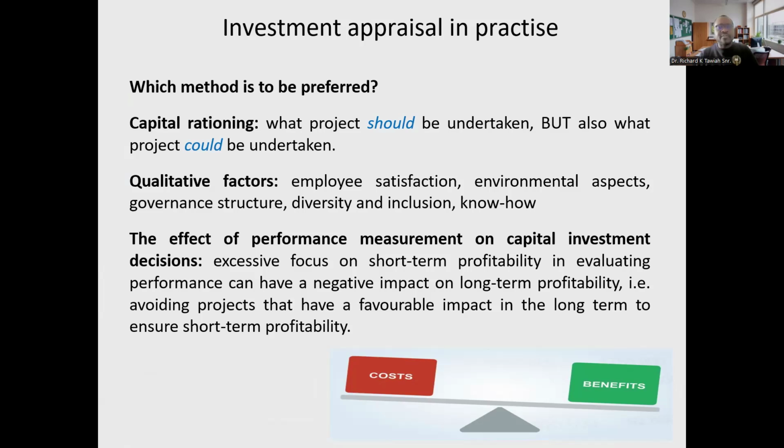Consider other qualitative factors. Will employees be satisfied with the new project? Are you not going to harm the environment? What about the governance structure? Will it help achieve your objectives? Will it impede any aspect of diversity and inclusion? Do you have the technical know-how to run the project? Consider other non-financial factors.